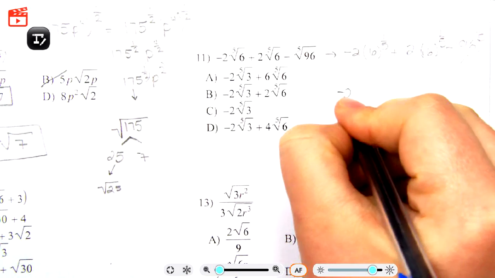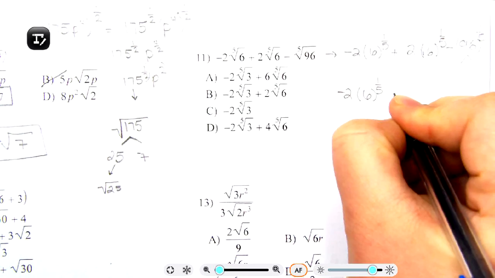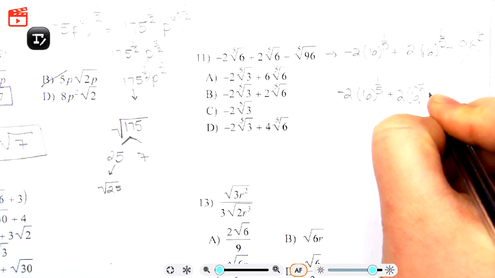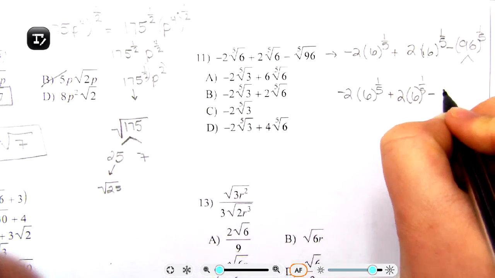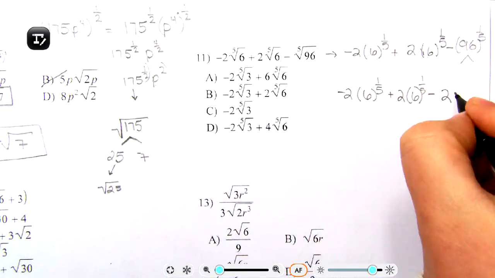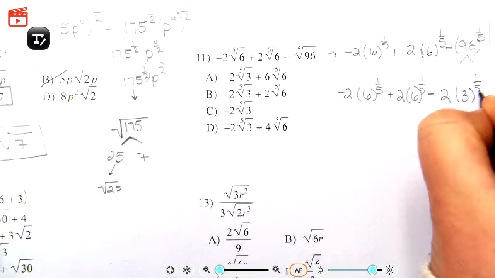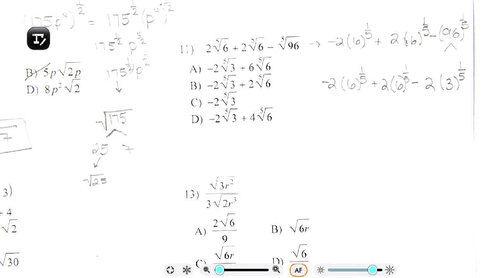So I can rewrite this. I have negative 2 times 6 to the 1/5, and I can do plus 2 times 6 to the 1/5, minus, and this here is 2, because I was able to factor that out, times 3 to the 1/5.